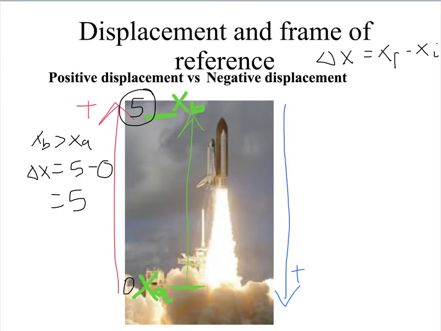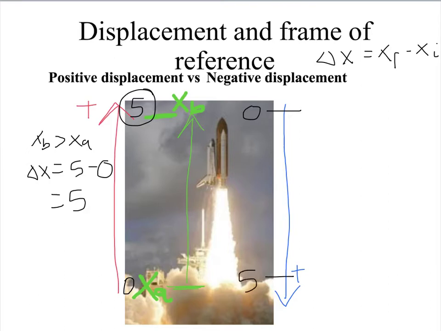Okay, so even though that's happening, XA is still the initial position, and XB is still the final position. Okay. But now, right, XA needs to be larger than XB, okay? So if we're doing this, we might have set our units so that this was 0 and this was 5.